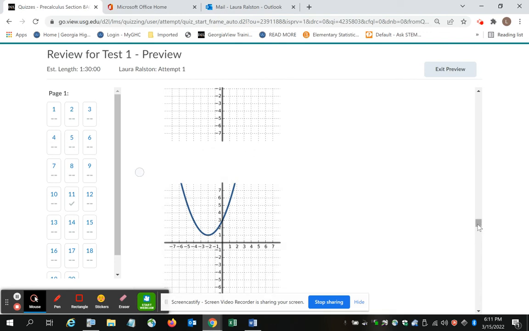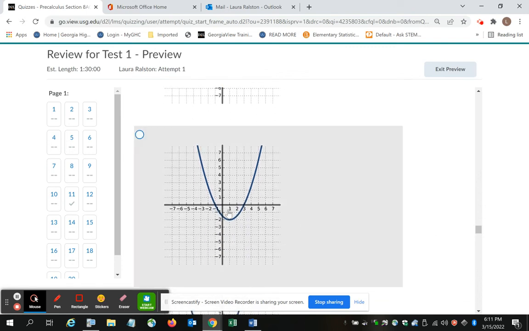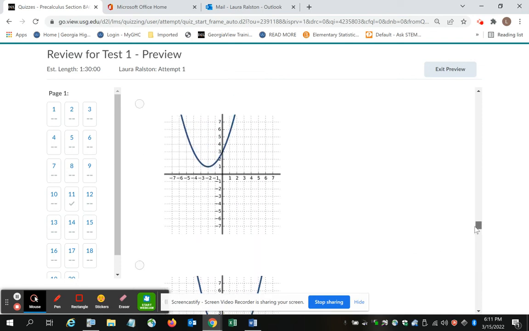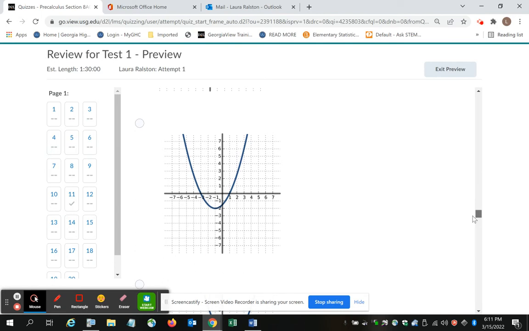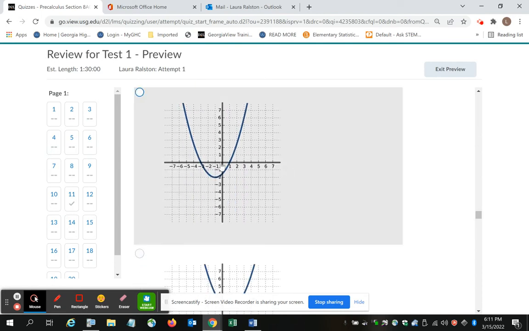That's not right. And I went right 1 and down 2. Again, that's not right. And then this one I went left 1 and up 2. So our first choice, where we went left 1 and down 2, is the right one.